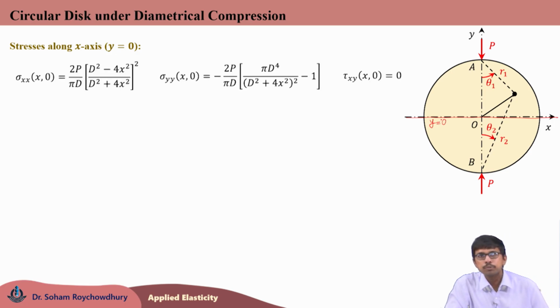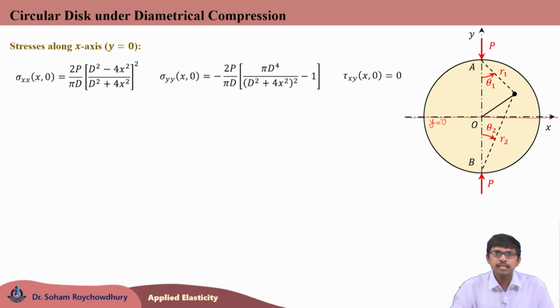So, sigma xx, sigma yy and tau xy, the three stresses can be obtained like this, which are the stress components along the x axis of the circular disc. Note that this is the axis perpendicular to the axis of loading. Here you can see tau xy is 0. So, all the points on the x axis only have sigma xx and sigma yy, but do not have any shear stress.